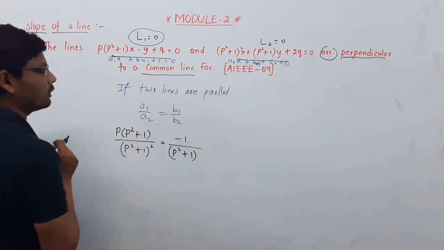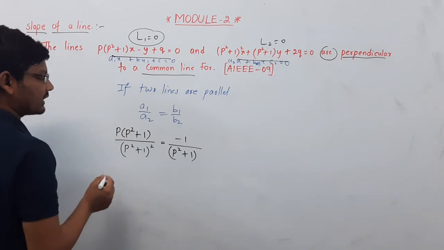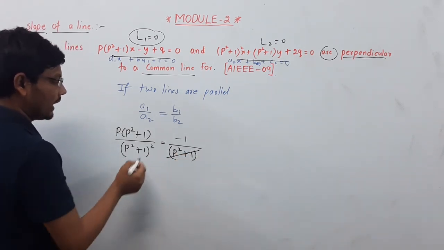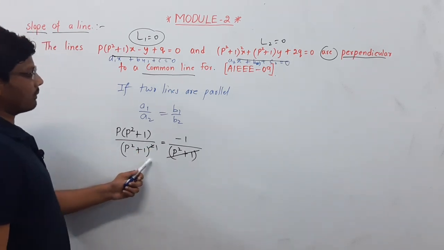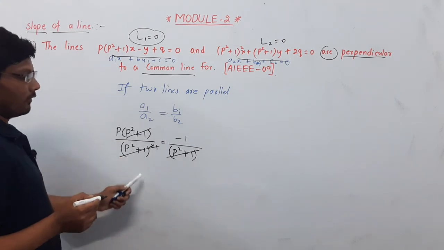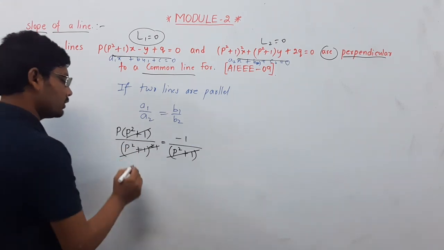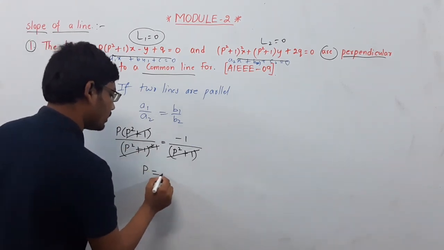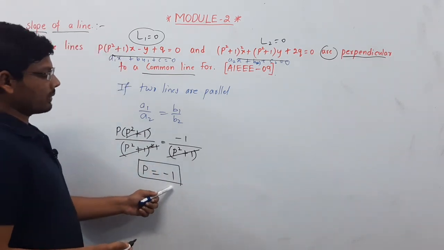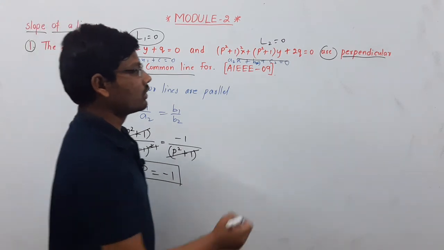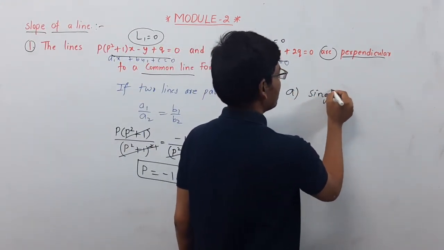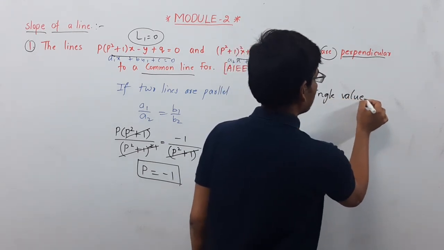If you cancel the terms, the denominators p square plus 1 are cancelled here. The numerator and denominator in this fraction are cancelled again here. So the final answer is p is equal to minus 1 that we got. Here this p is equal to minus 1 is a single value. So the option with a single value is the answer for this question.